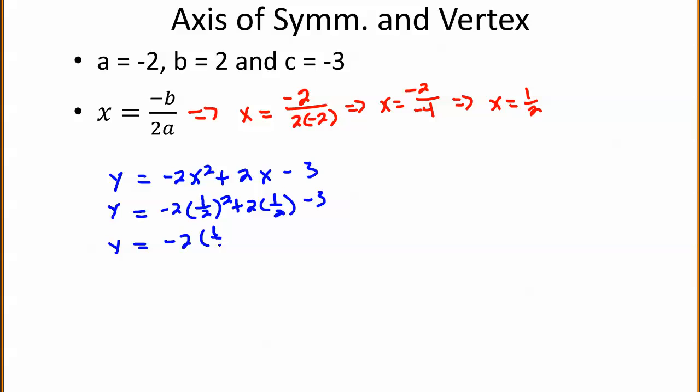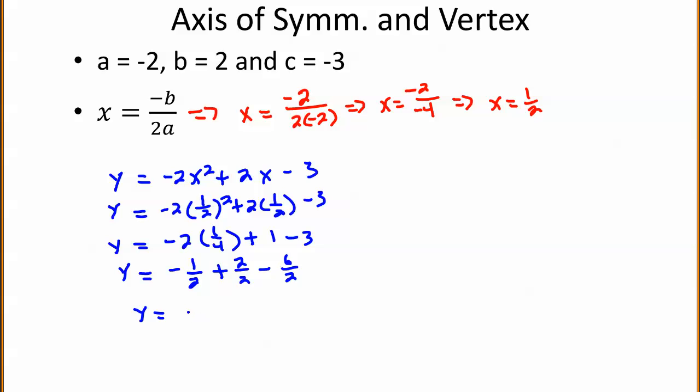1/2 squared is 1/4. 2 times 1/2 is 1. Negative 2 times 1/4 is negative 1/2. And I'm going to go ahead and get a common denominator. So that's plus 2 over 2. And that's minus 6 over 2. So negative 1 plus 2 is 1.